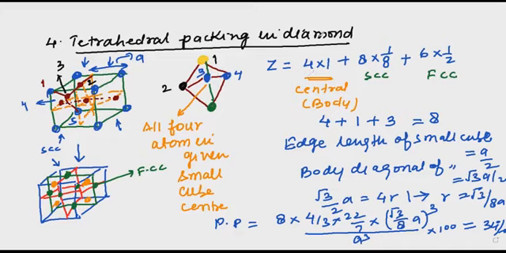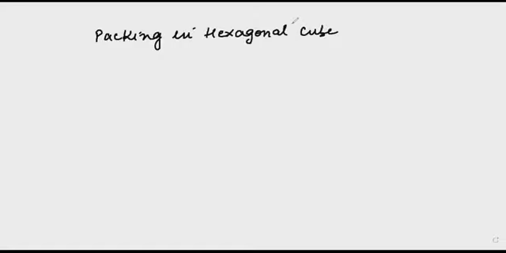The last one, without wasting our time, we are coming. The last one is the packing in a hexagonal pack. Packing in a hexagonal cube. Not a cube, in a hexagonal packing.